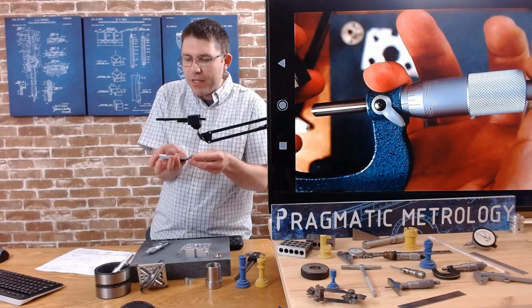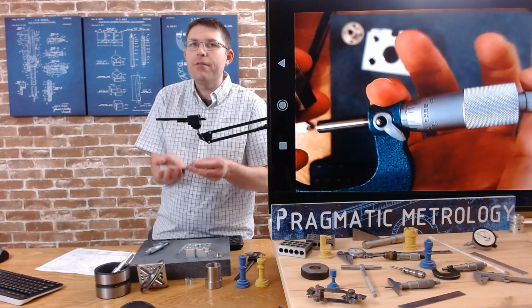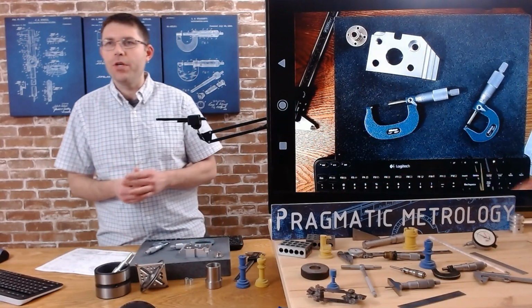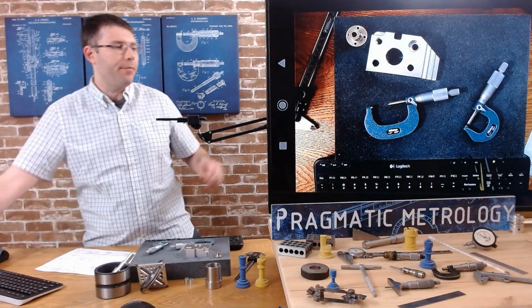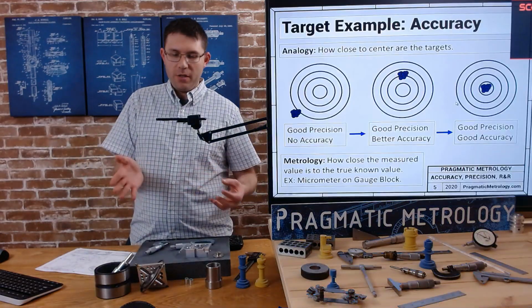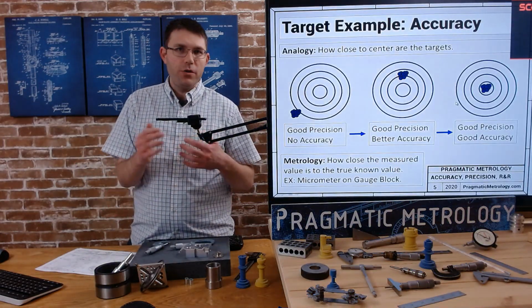Every time I check it, it's just not repeating. Those are accuracy and precision problems. But how close it is to 1 inch is the accuracy part of it. And that can apply to a calibration, or that can just apply to a measurement. How close are you to the true value?